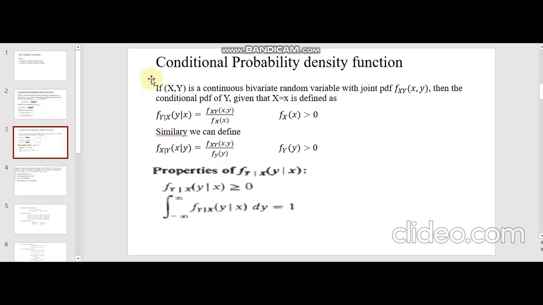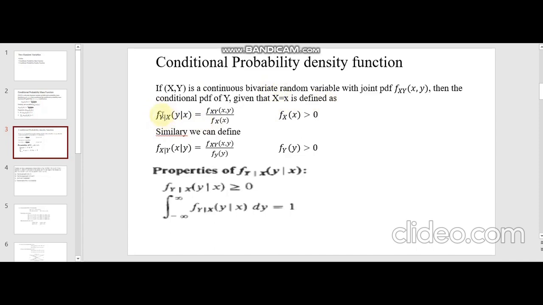Now, taking into account the conditional probability density function, we use it for continuous bivariate random variable. If x and y is a continuous bivariate random variable with joint PDF, in this case we use the small f sub xy of x, y, then the conditional probability density of y given X equal to small x is defined as the PDF of y given x.